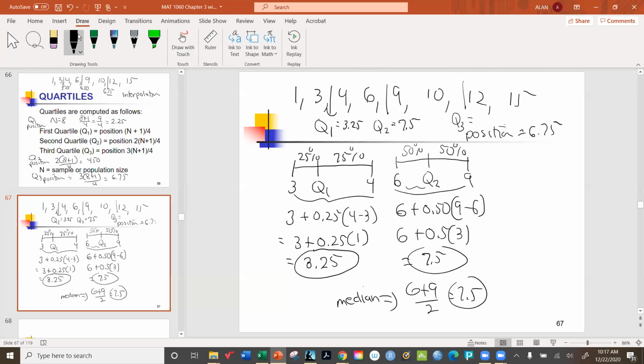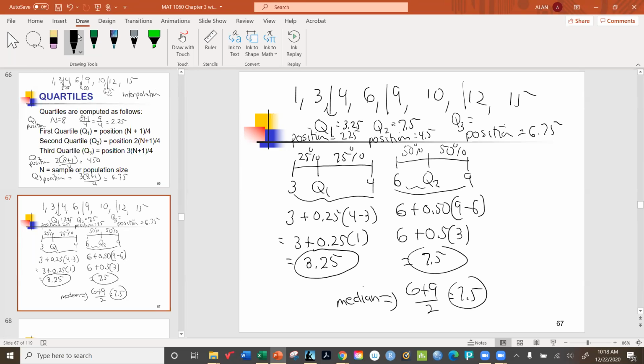I'll tell you what, let's write that underneath here. And this first one was 2.25. All right, that way you can distinguish between the actual quartile and the position.